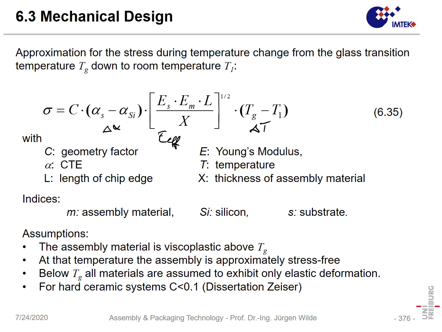On the other hand, if the mounting material is harder or has a higher modulus, also this will transfer more stress into the chip. So you could say the chip, for instance, will be bent more the stiffer this mounting material is, and in that way both have an influence.